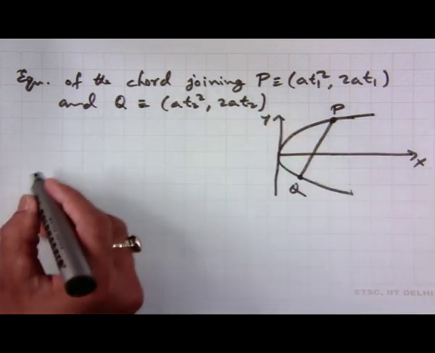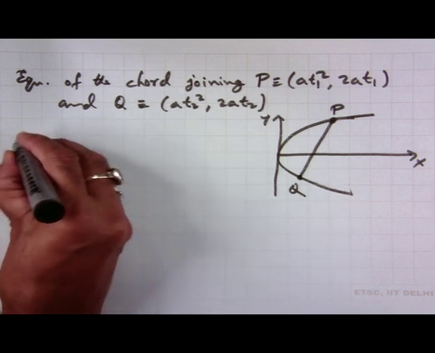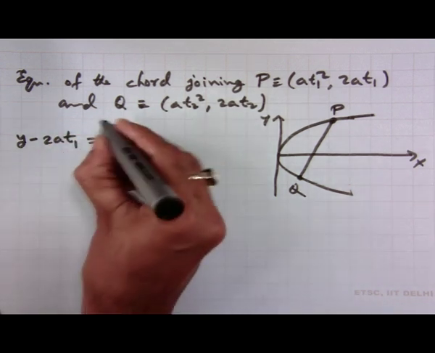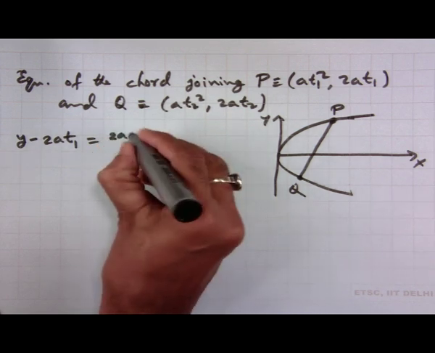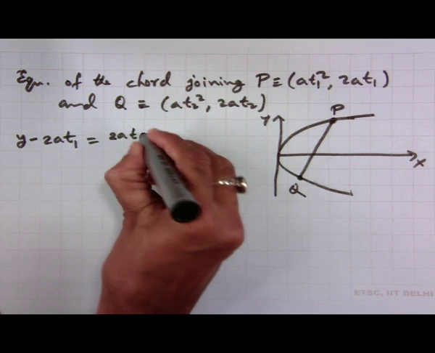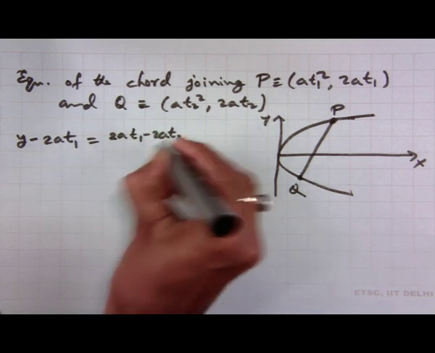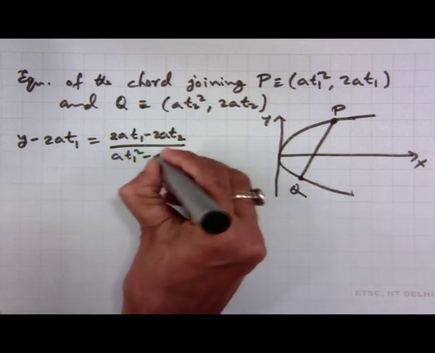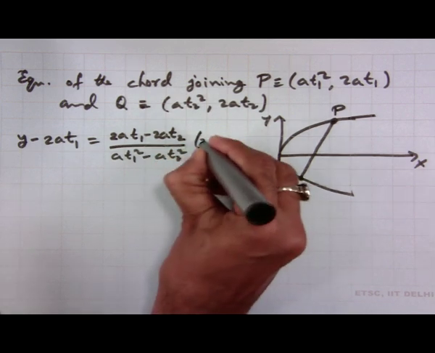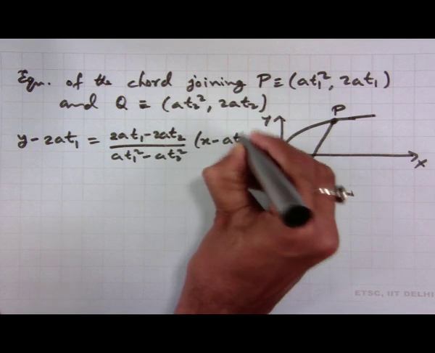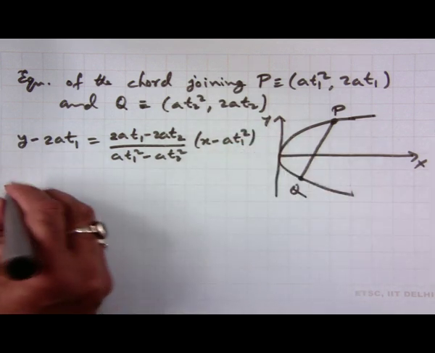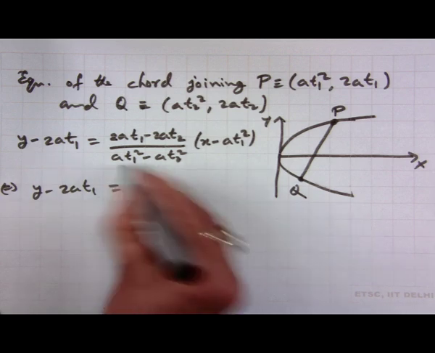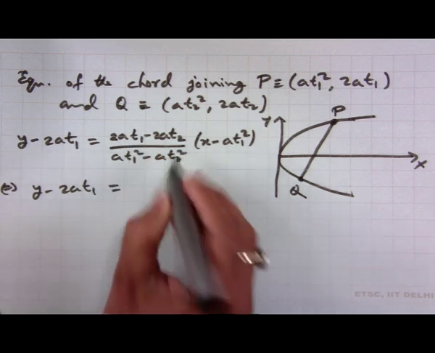So, that can be obtained as y minus 2 a t 1 is equal to slope, which is 2 a t 1 minus 2 a t 2, this is y 1 minus y 2 divided by x 1 minus x 2, which is a t 1 square minus a t 2 square, times x minus a t 1 square. That is y minus 2 a t 1 equal to, here I can cancel a and t 1 minus t 2.